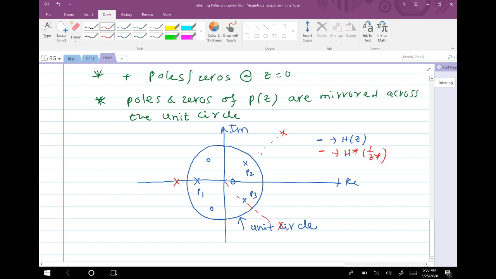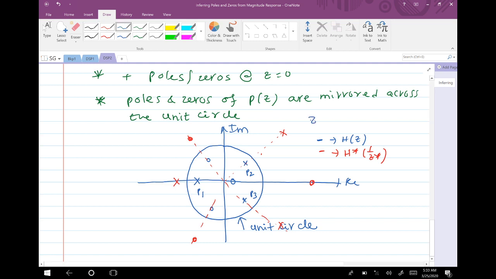So now let's come back to the poles. Assume it is 0.1 somewhere here, and here also this would introduce a 0 here. Definitely this would introduce a 0 here. This whole plot is for p of z in the z plane.